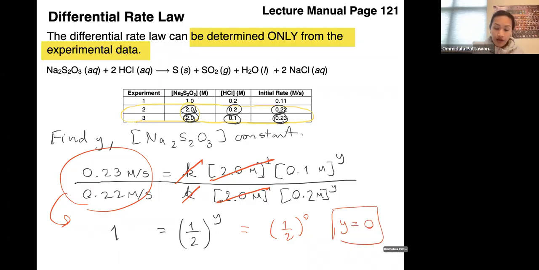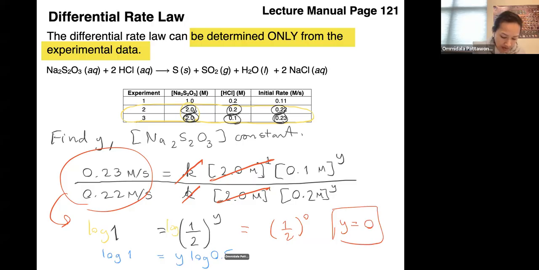If I don't know, what do I do? Again, you need to take the log. If you take the log of both sides, you end up getting log of 1 equal to y times log of 1 over 2, which is log of 0.5.